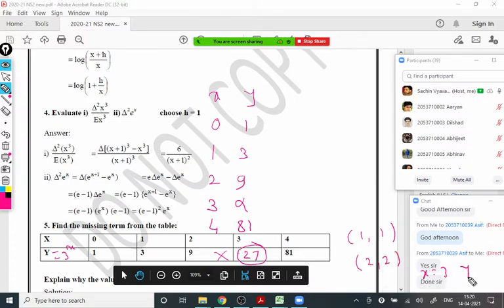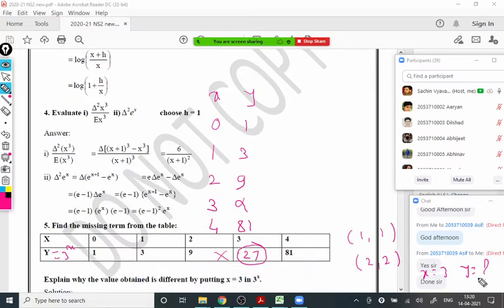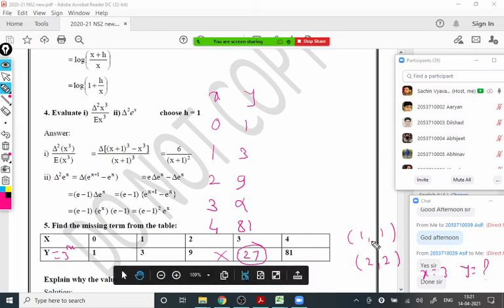It should be 3, because when 2 points are given, we can draw a straight line y equal to x passing through them, so we are approximating by a straight line. So 27 is not a correct answer there.